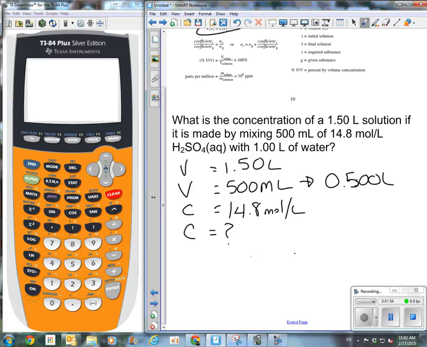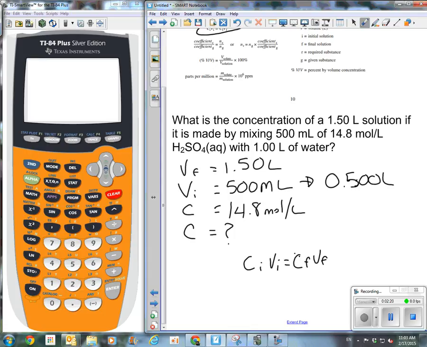So I have CI VI equals CF VF. Now I just have to figure out which one is CI and which one's CF. If we remember back, the initial volume is always going to be smaller than the final volume, so this must be initial and that one's final.